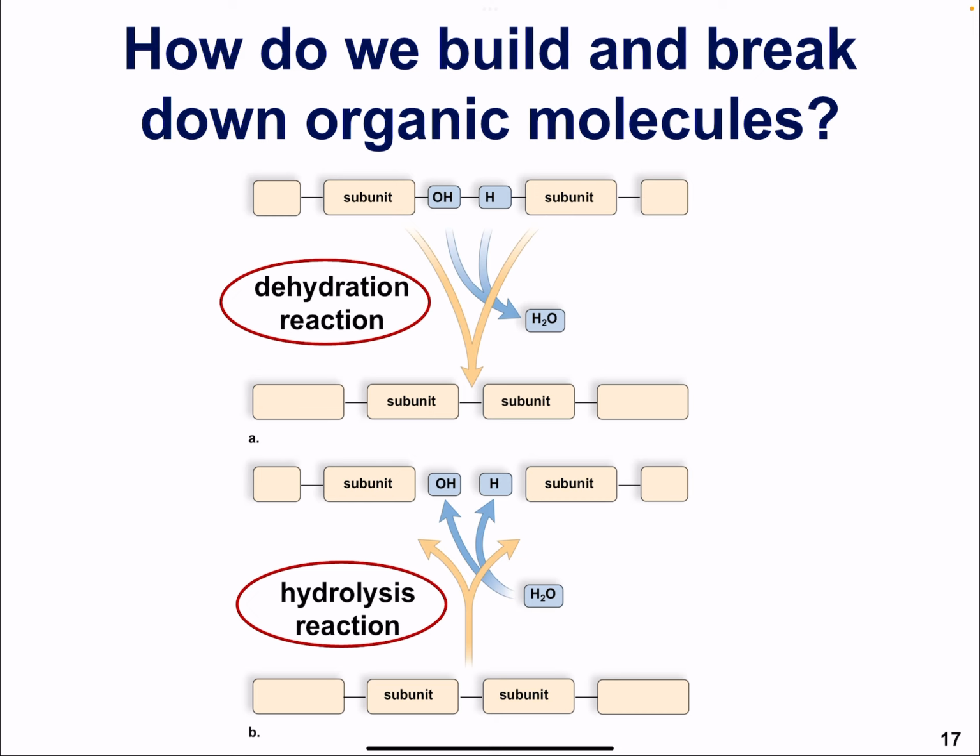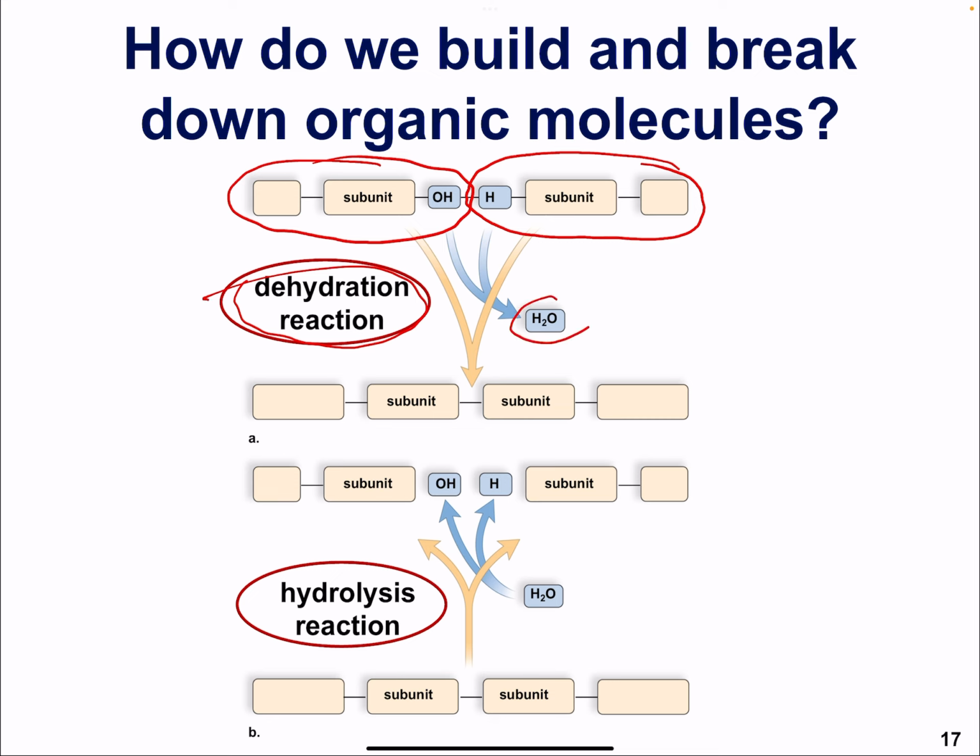So here, you have a subunit right here that is going to interact with another subunit. Most of the time, these reactions are going to involve enzymes, right? With the involvement of enzymes, a dehydration reaction is going to take place, which means a release of a water molecule.